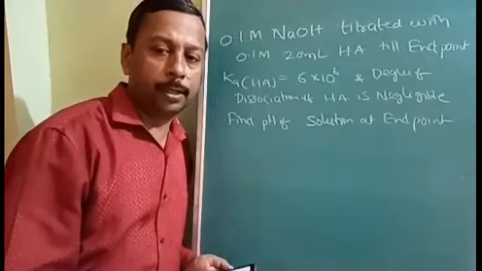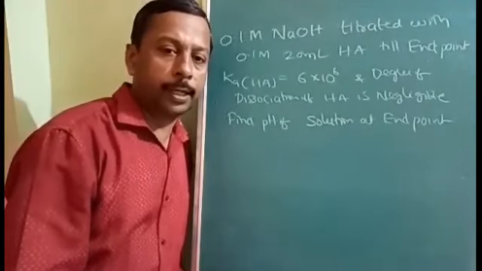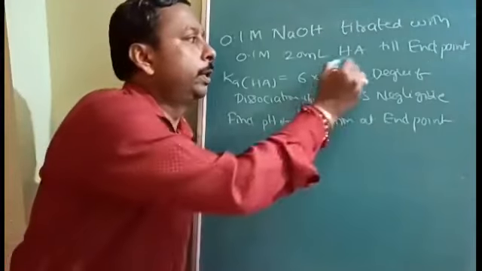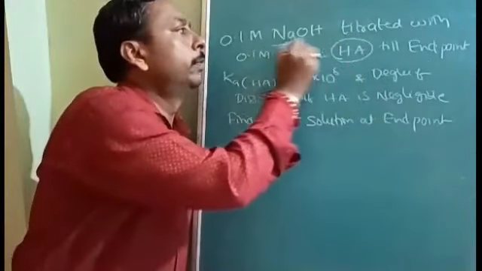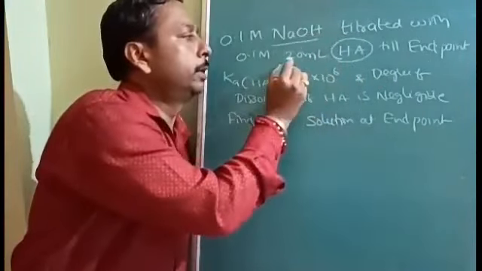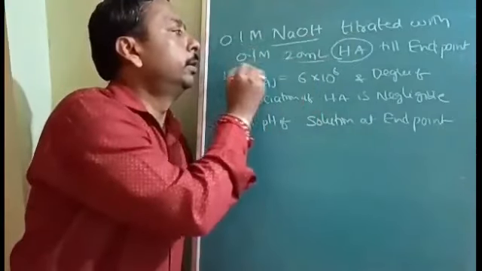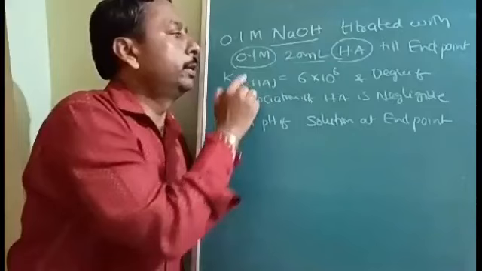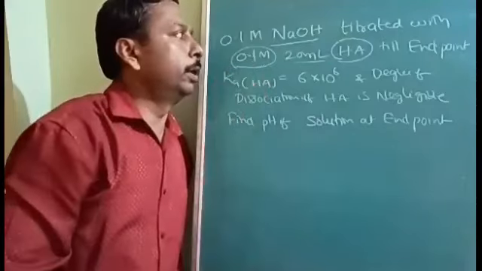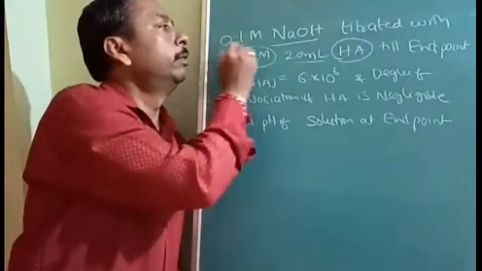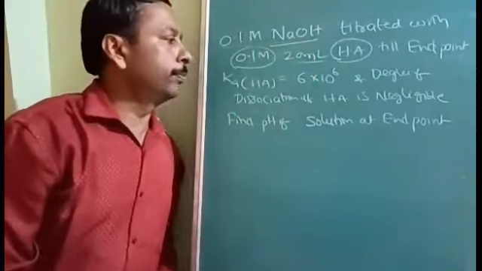Okay, question on this titration is, here we are titrating weak acid HA with NaOH. Weak acid HA, 20 ml, is taken in conical flask, and concentration after titration is determined as 0.1 molarity. Okay, and 0.1 molarity NaOH is used. Understood?